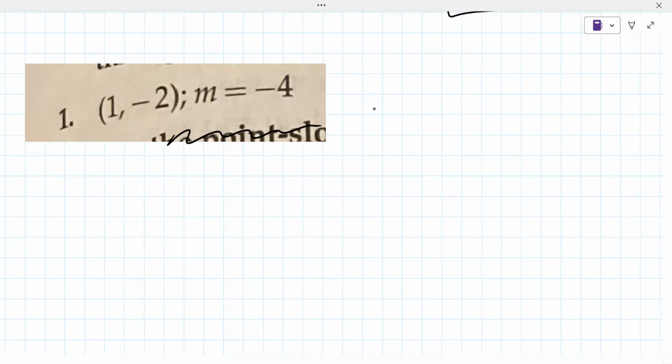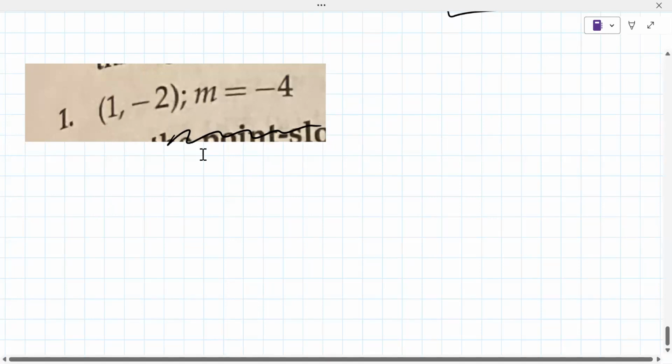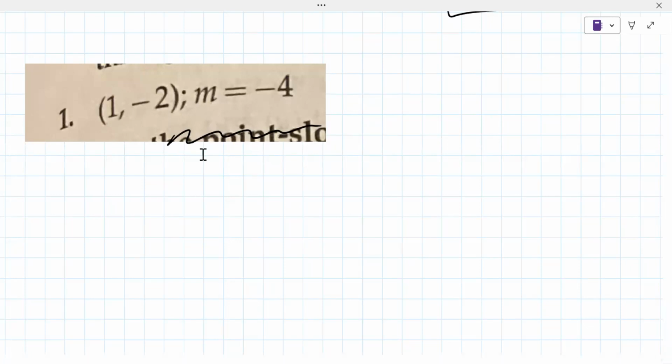So negative 2 equals negative 4 times 1 and plus b. And 4 times 1 is negative 4.